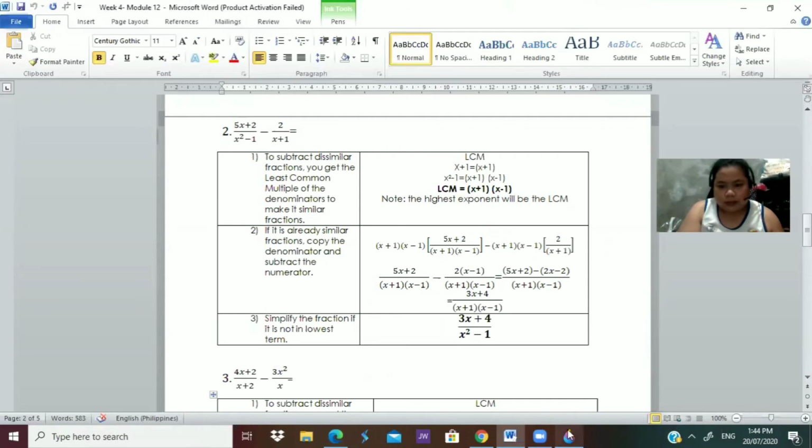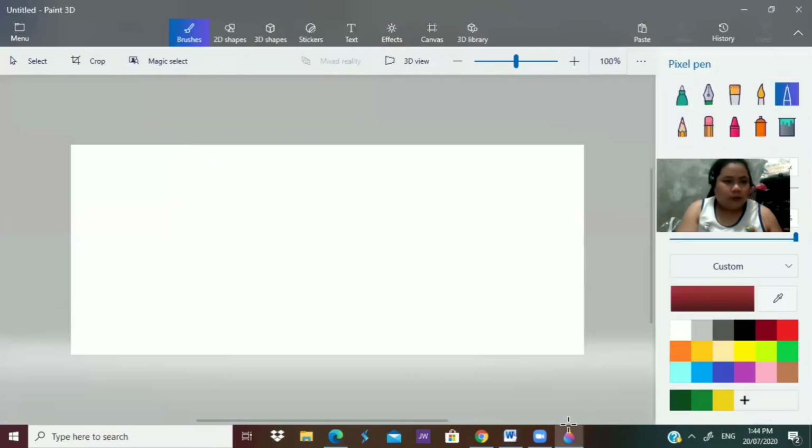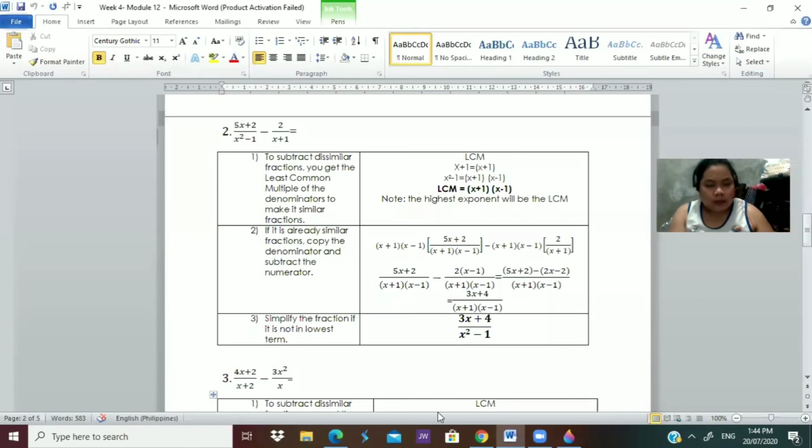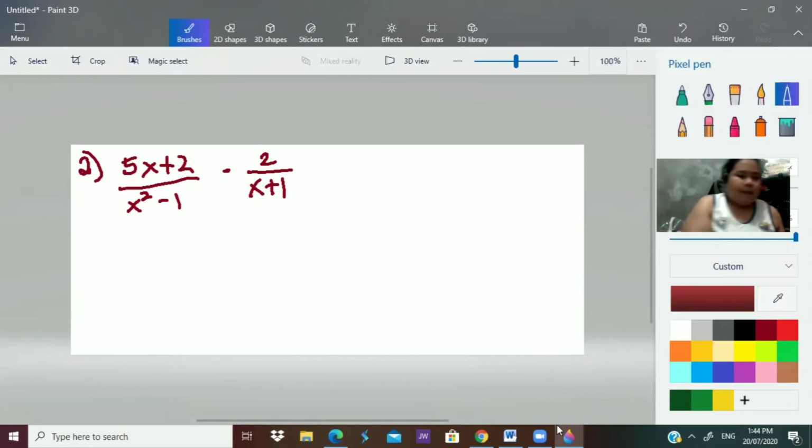Sige, so let's have that one. So number 2, 5x plus 2 over x squared minus 1 minus 2 over x plus 1. Okay, tama. Next. Okay. So, this time, kailangan isa sa kanila ang mag-a-adjust.